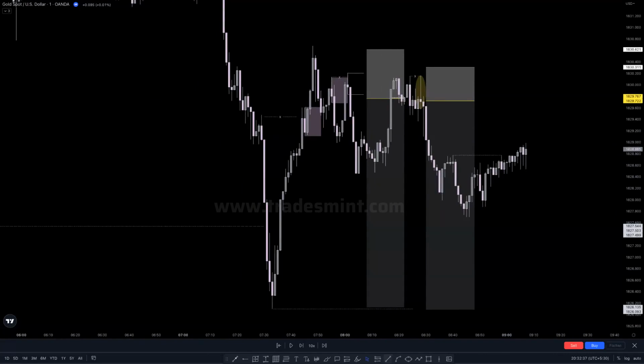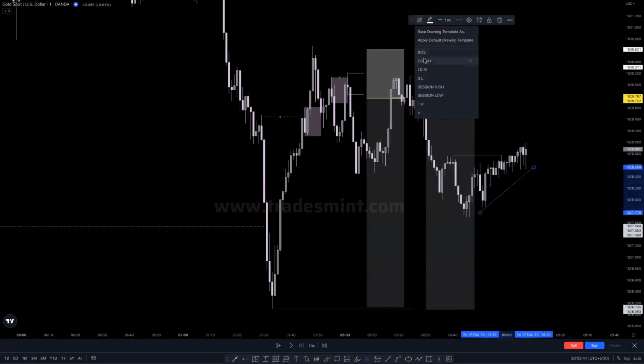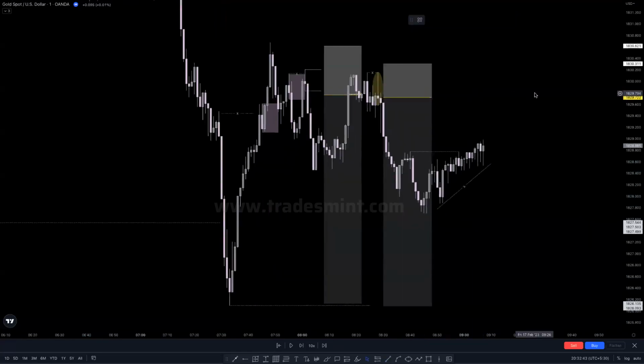Price continues pushing upside and creating liquidity here, trend line liquidity, right? It means you have to wait for additional confirmation, like a previous sweep, any candlestick sweep here, so you can sell here, right? But look at the left side, there is an unmitigated order block. This one is mitigated here, right? And this one is unmitigated here, right?